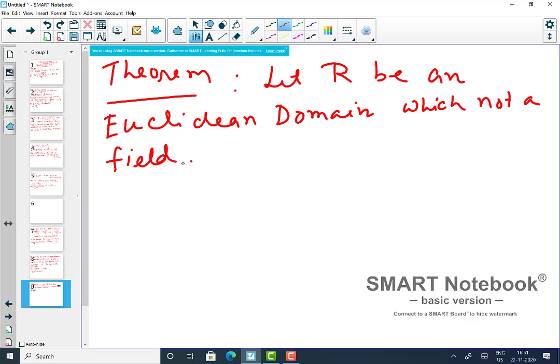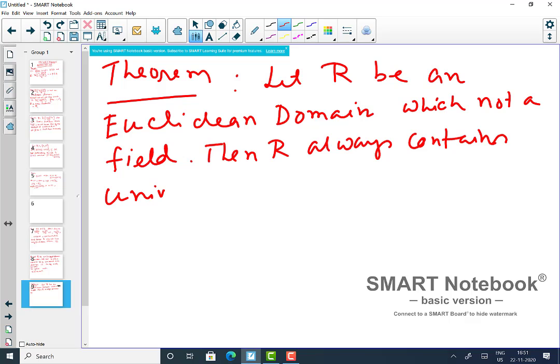Okay, because in a field every nonzero element is a unit, so you cannot find this, right? So if not a field, then R always contains a universal side divisor. Okay, so a universal side divisor always exists inside a Euclidean domain. And then how do you prove this?